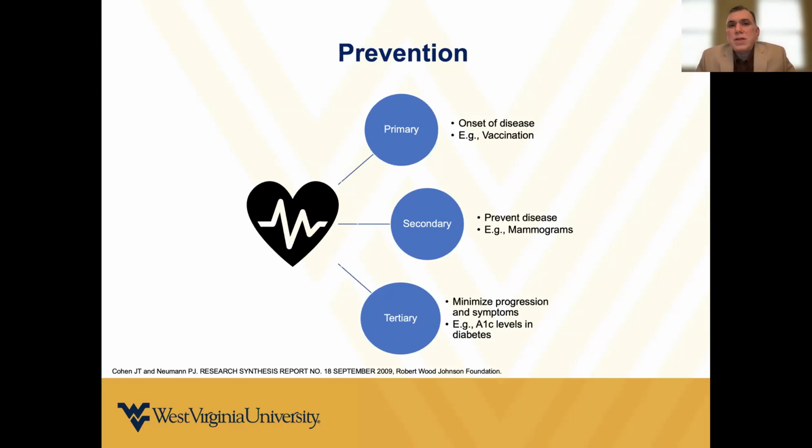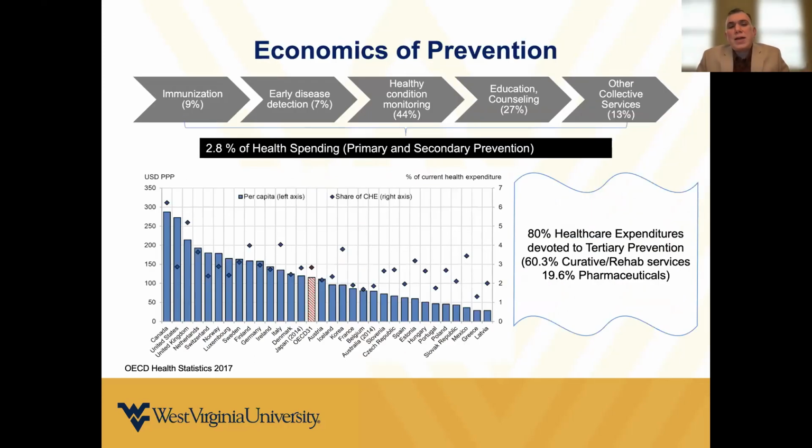Next slide, please. If you look at the whole economics of prevention, it is surprising to see that most of the OECD countries spend close to 2.8% of their health spending on primary and secondary prevention.